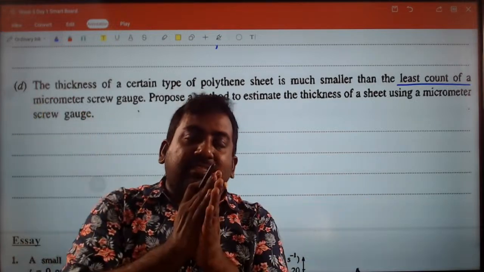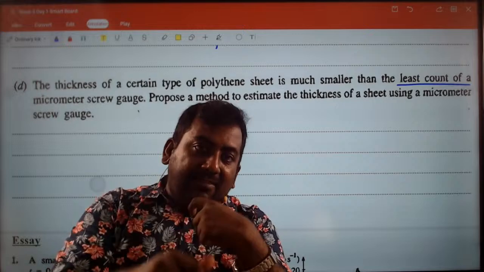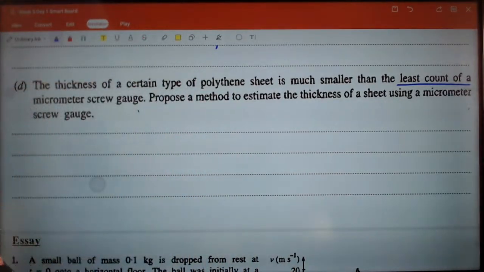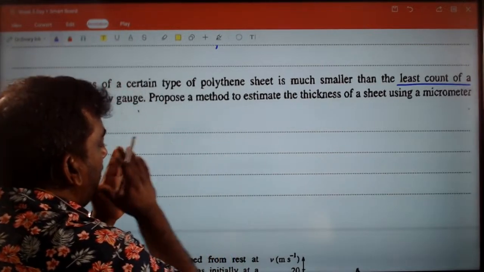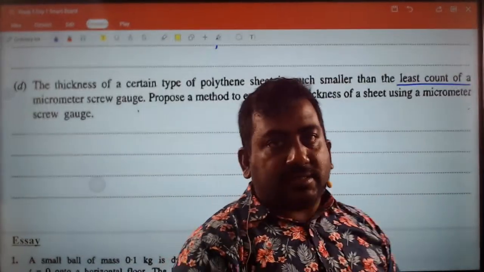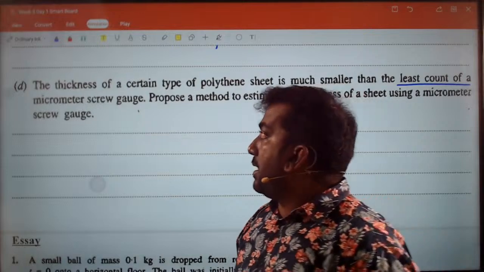Take many sheets, put them together, find the total thickness, and divide it by the number of sheets. So these are also done.